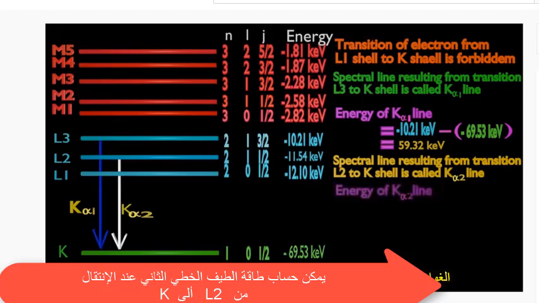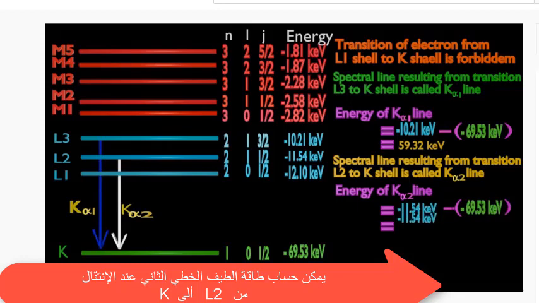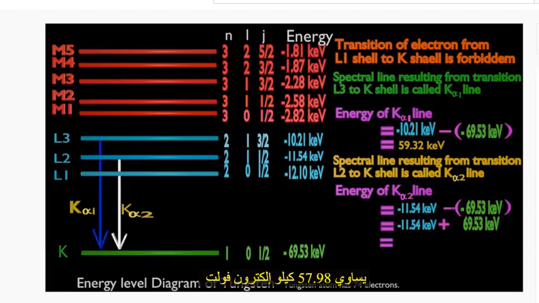The energy of the K alpha 2 line equals the energy of an electron in the L2 subshell minus the binding energy of the K shell, which equals 57.98 kilo-electron volts.